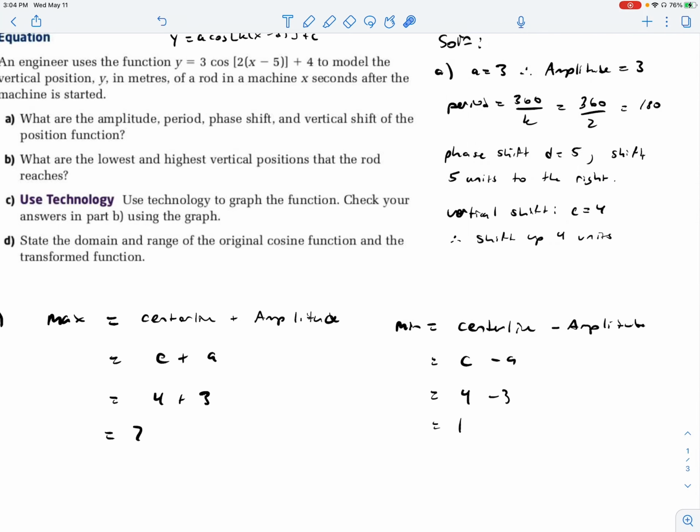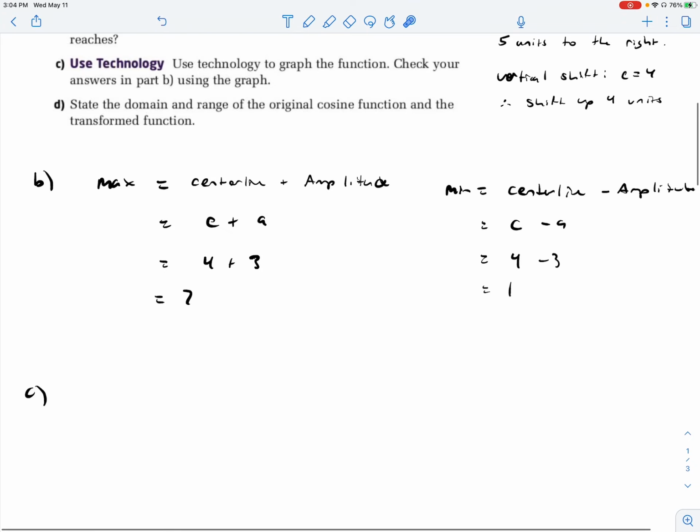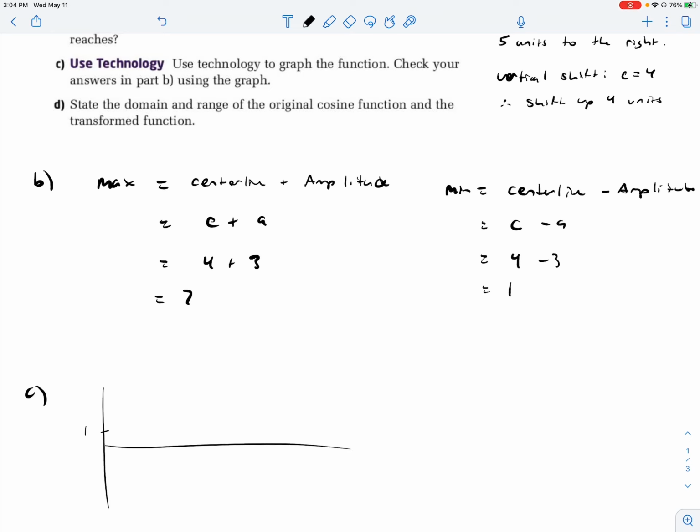Okay, so that's part C. I'll just do a quick sketch. So we had 1 and 7, and 4 for the center line. I'll write max and min, and then I'll write c. And in between there is always the amplitude.